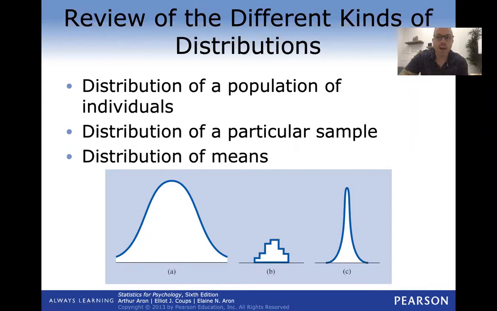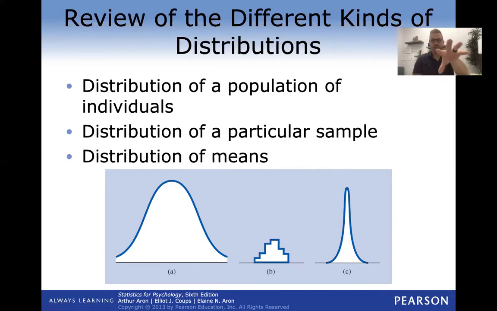In actuality, how we get our distribution is we don't necessarily work with the distribution of individuals. We'll move over here to letter C, which is the distribution of means. And how you get the distribution of means is through what we call a sample. Letter B is saying, I want to get the average of a stress rating.